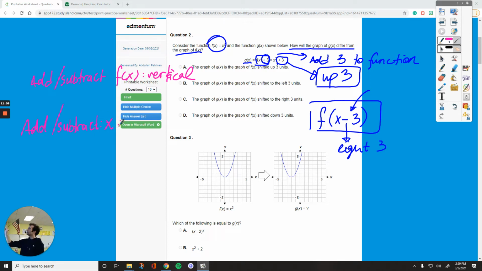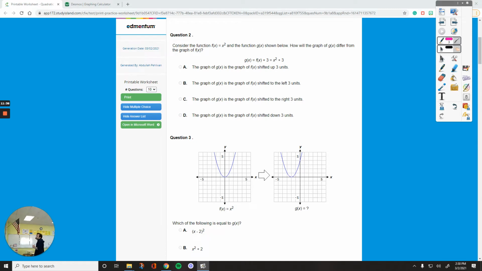Then you're talking about a horizontal movement. If you see subtraction for horizontal, that means move it right. If you see an addition to the variable, that's talking about translating to the left. Okay, now this one here is shifting it up 3 units. Which one is it? This right here, A. Okay, moving on to the next question.